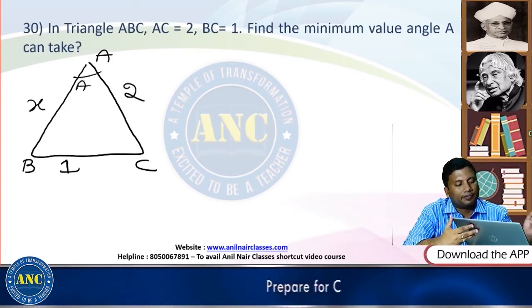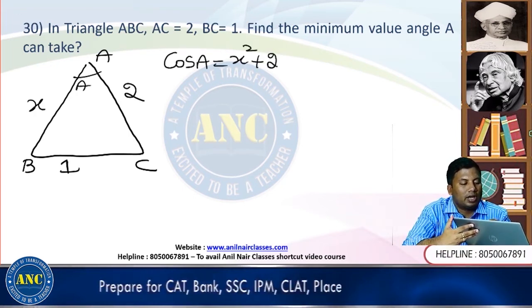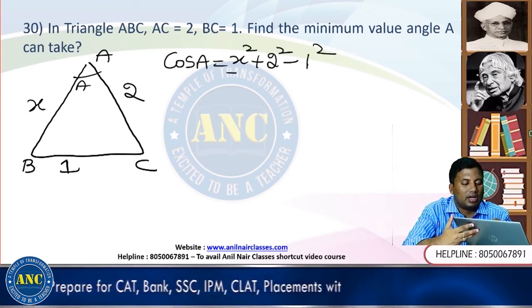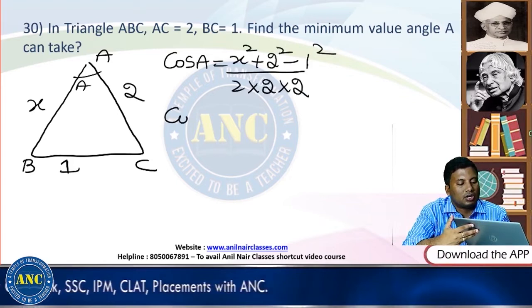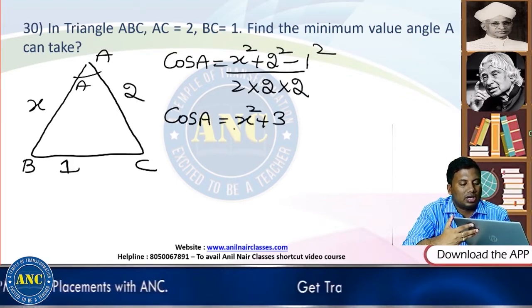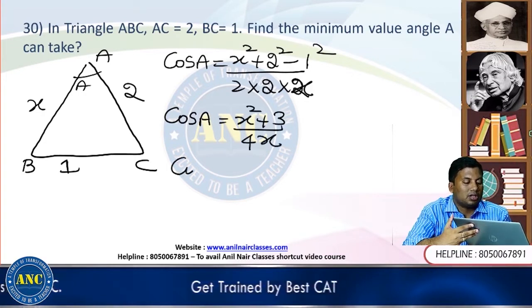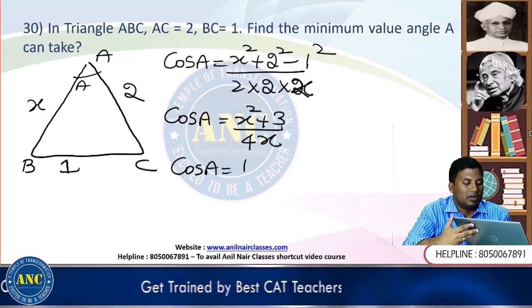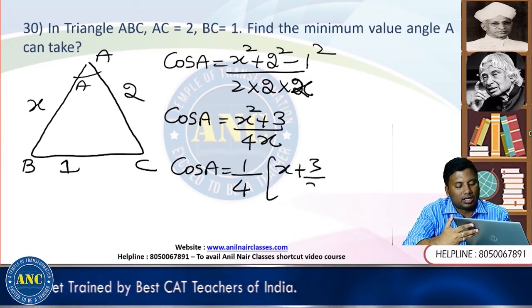This is A. So cos angle A will be x square plus 2 square minus 1 square divided by 2 into x into 2. So cos A is nothing but x square plus 3 divided by 4x. Cos A is nothing but 1 by 4 into x plus 3 by x.